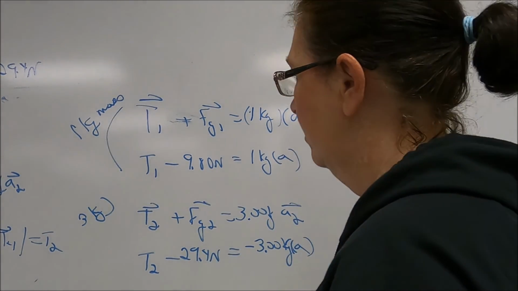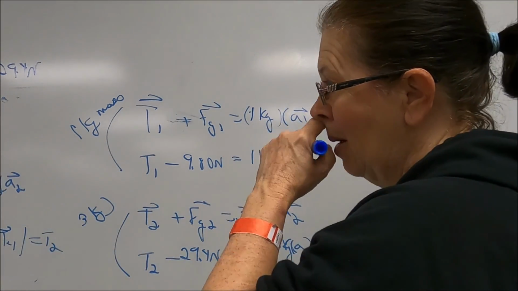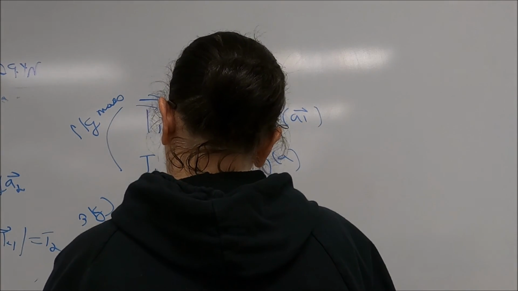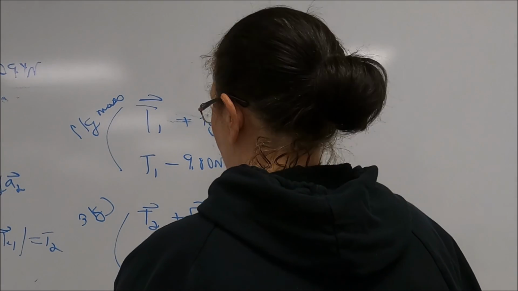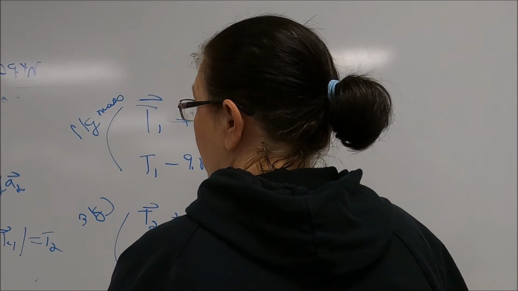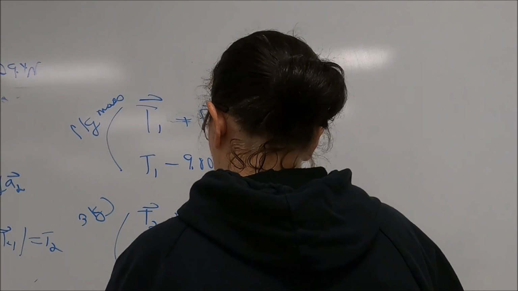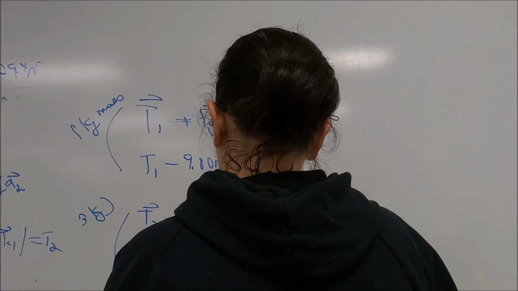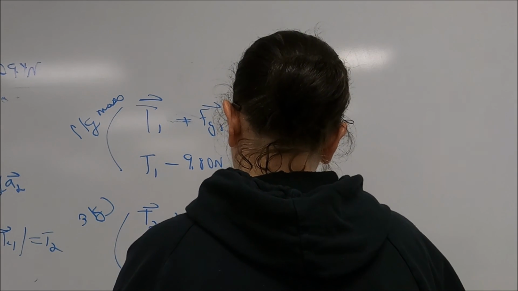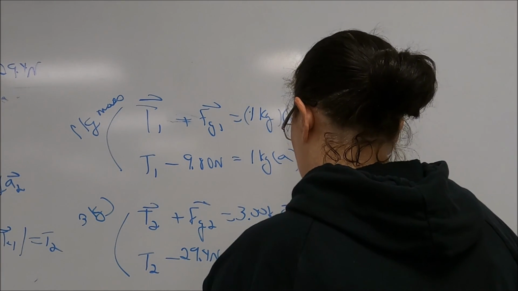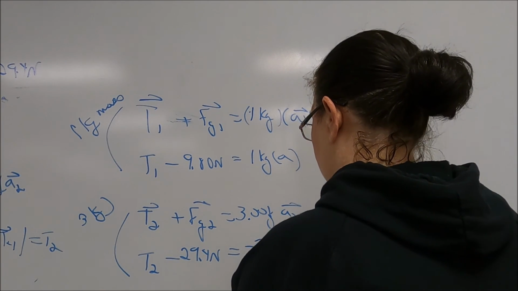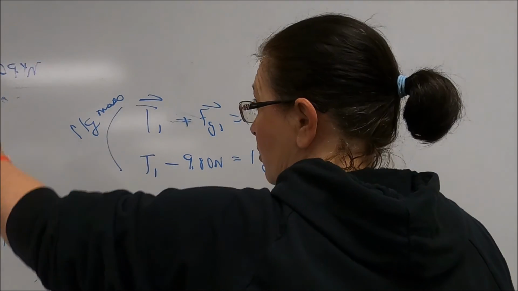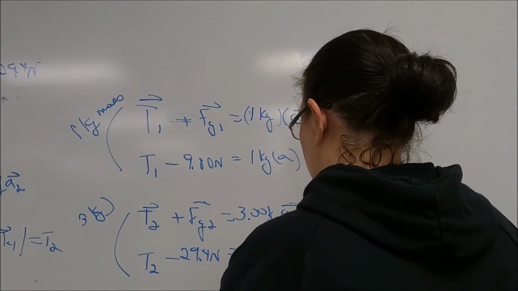For the pulley, okay, I'm going to look at the sum of the torques. I'm going to have the magnitude of T3 times R, 0.250 meters, and that's going to cause a positive torque.